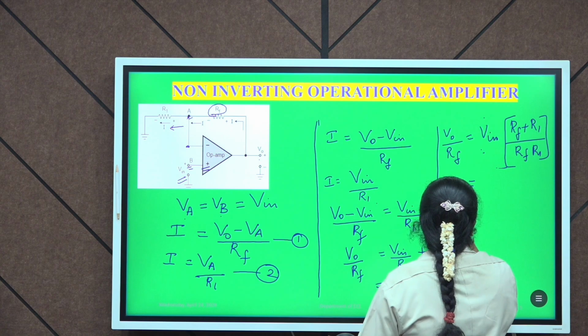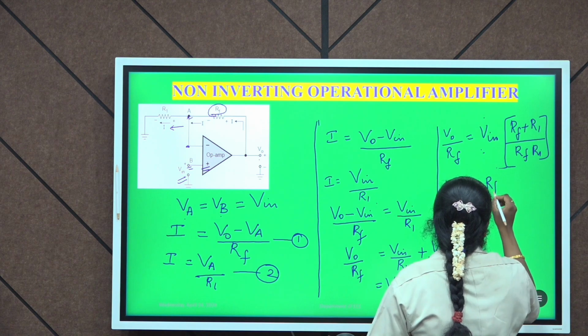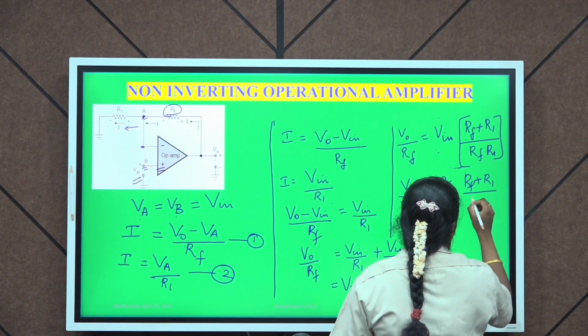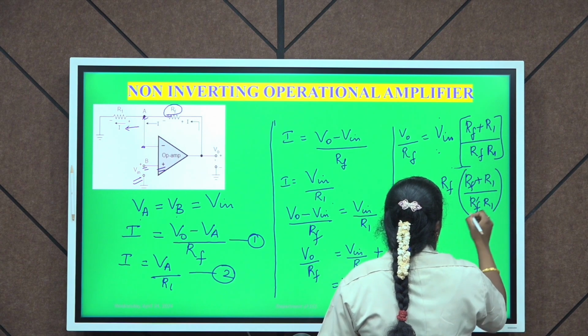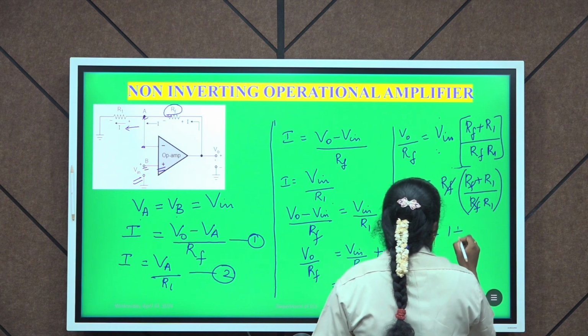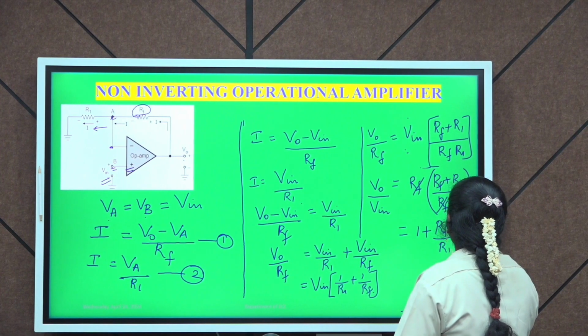So we can write V naught divided by V in, which is the gain, equal to RF plus R1 divided by RF into R1. So RF will get cancelled, and you can write it as 1 plus RF divided by R1.